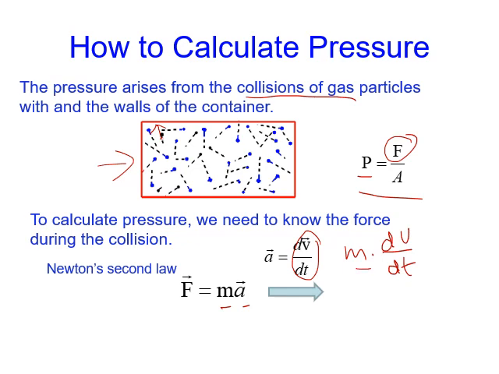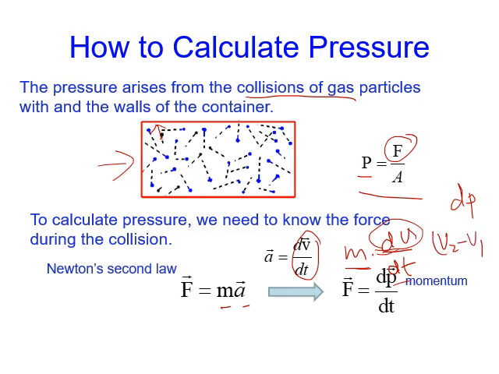Now mass times dv just equals the momentum change, dp. dv means v2 minus v1, times m, so m times v2 is p2, m times v1 is p1. p is the momentum. So the momentum change over time.